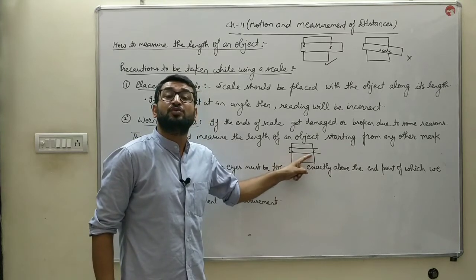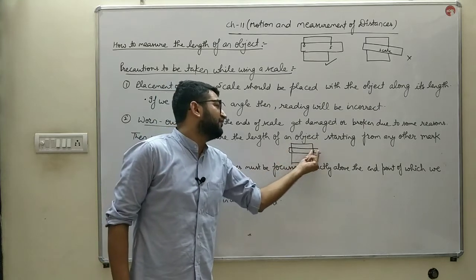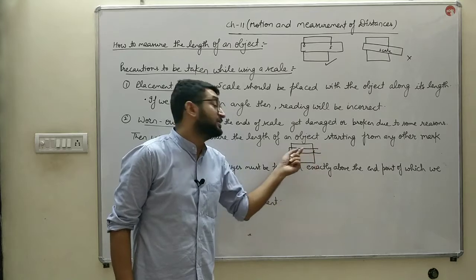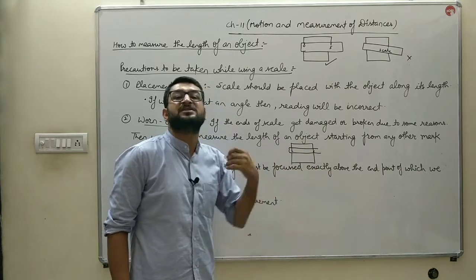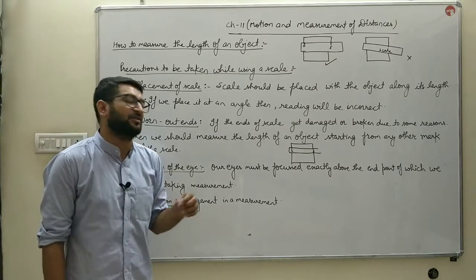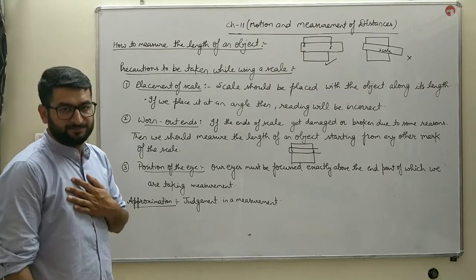So for the final measurement, I have to subtract the initial reading from the final one. That is 2 subtracted from 6 gives us the final reading, that is 4 centimeter is the length of this card when I am using the worn out end scale.